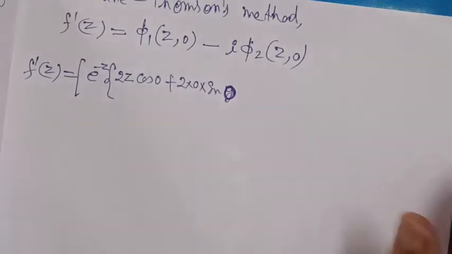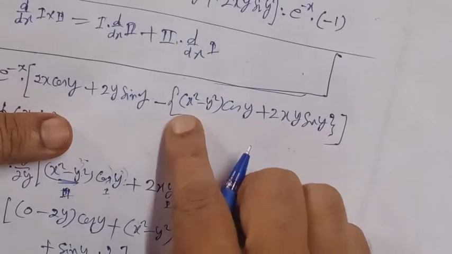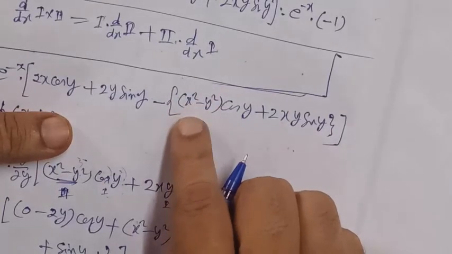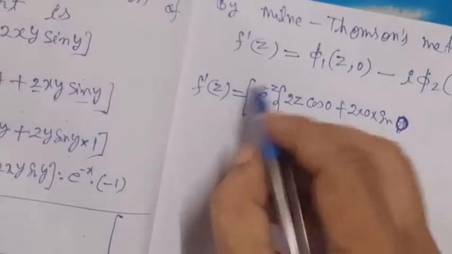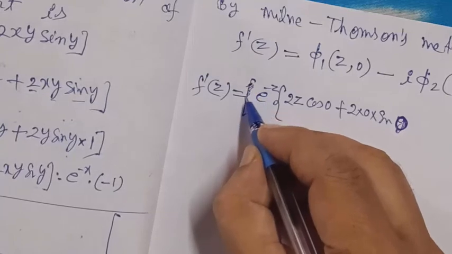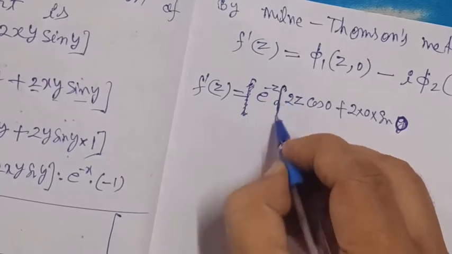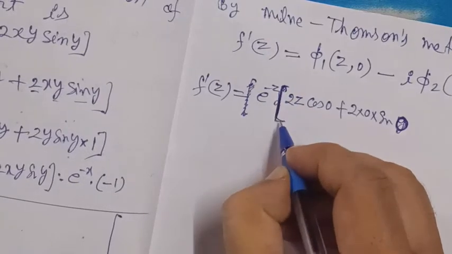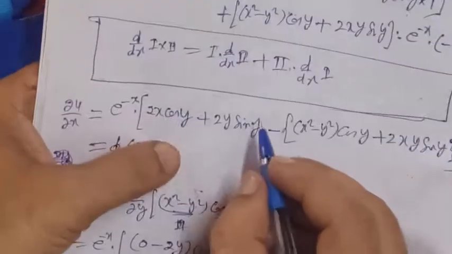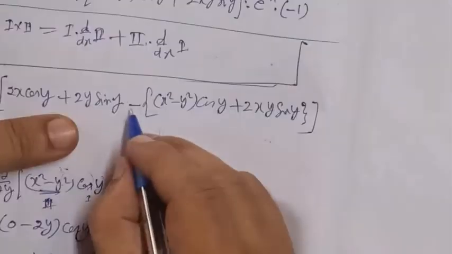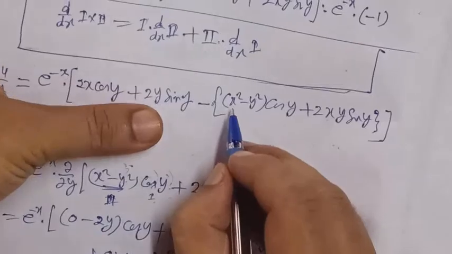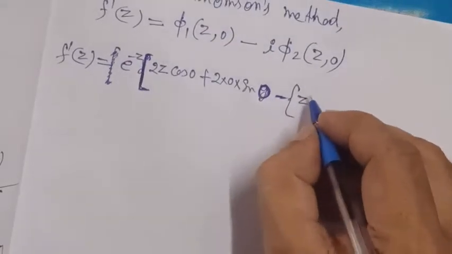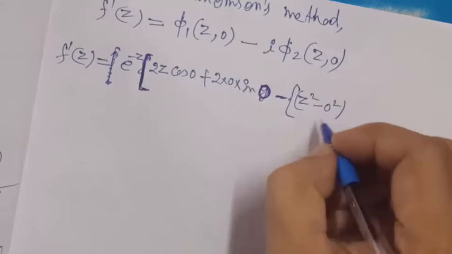Because there is no need of this bracket, I convert this bracket to a square bracket, because there is a lack of brackets after it. Minus, we apply this bracket and put z in place of x and 0 in place of y.